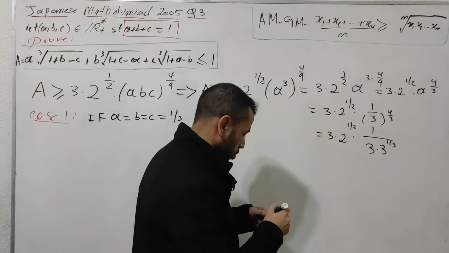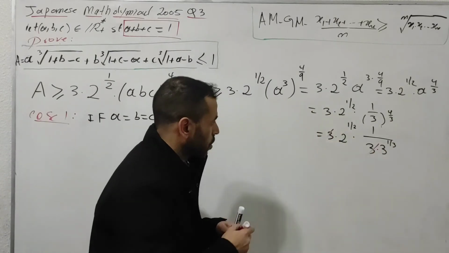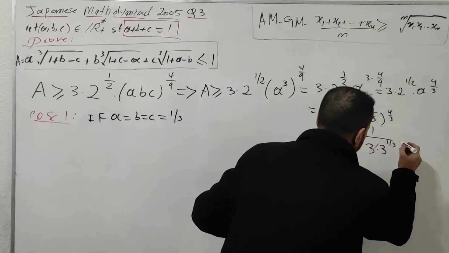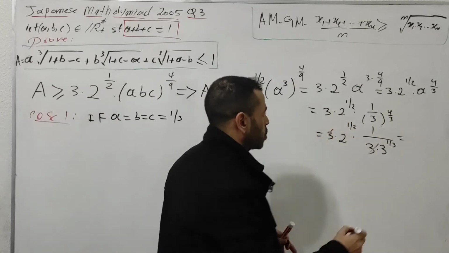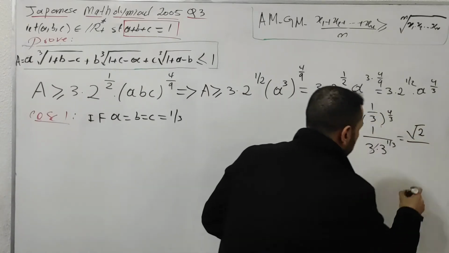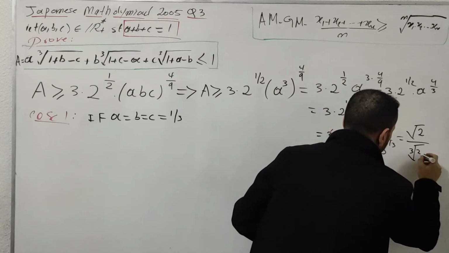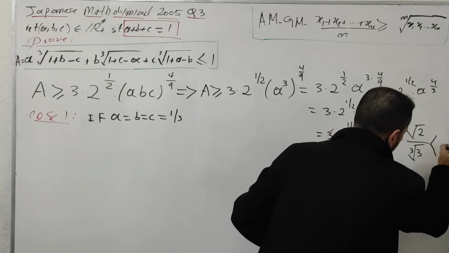Now I will have a nice cancellation here: the number 3 will be cancelled out. So I will get 2 to the 1 over 2, which is the square root of 2, divided by cube root of 3. So what do you know about this number? This number is strictly inferior to 1.